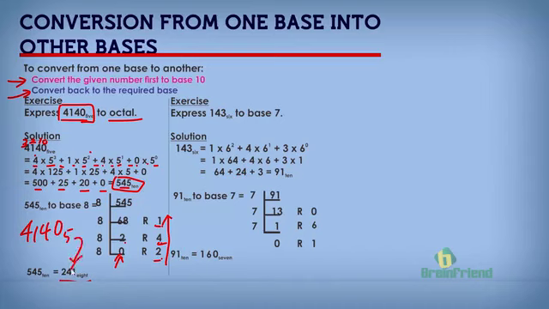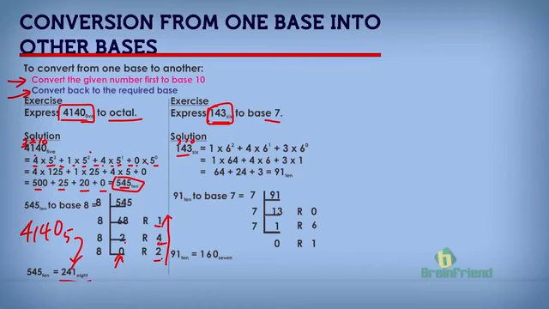Let's take a look at another quick example. Express 143 base 6 to base 7. So following our two steps, first, convert 143 base 6 to base 10. To do that, we write it in the expanded positional form. Our powers, beginning from the last digit, are 0, 1, 2.